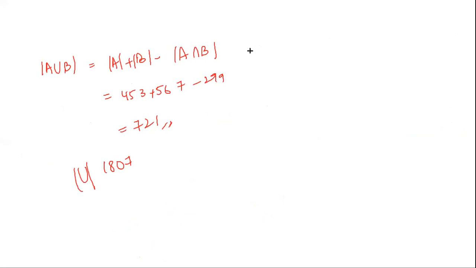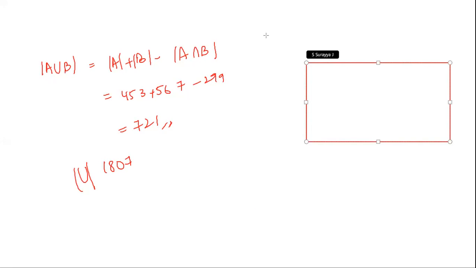If I want to denote it in the form of a diagram, I can denote it in this way. So this is denoted in this way.